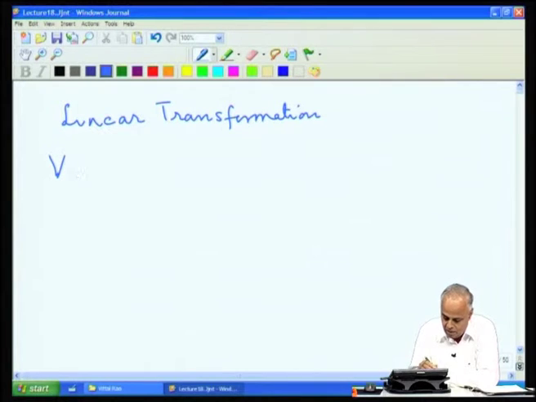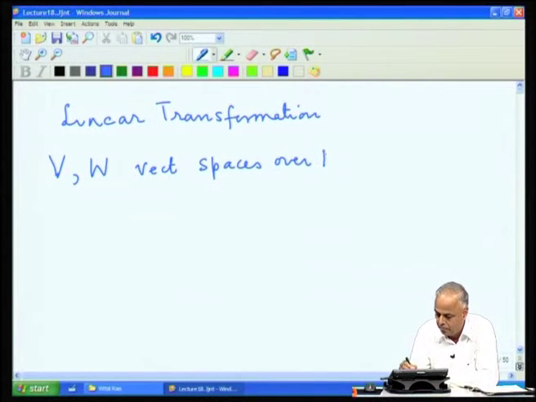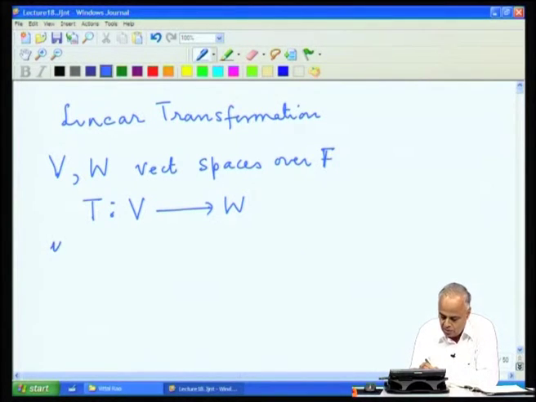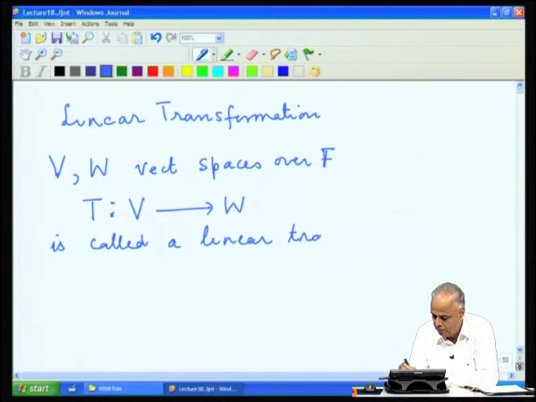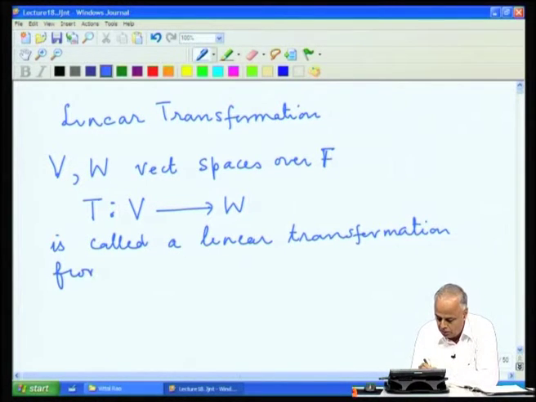Let V and W be vector spaces over a field F. Then a transformation which converts V vectors to W vectors is called a linear transformation. Of course, it transforms V to W. So, it is a linear transformation from V to W.